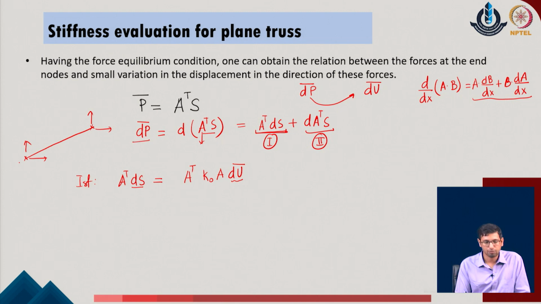The left hand side of the equation which we initially started with was containing dP bar, and if I just substitute the first part in the equation, I will write it as dP bar is equal to A transpose k naught A into du bar in the given system, this as one part, plus the second part we have not solved as of now. So, I will just keep it as it is, dA transpose into S in the given problem.